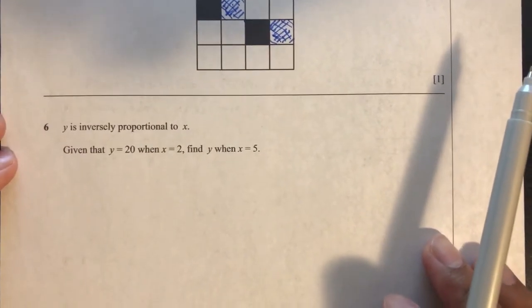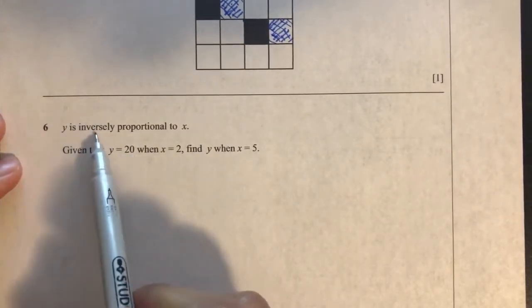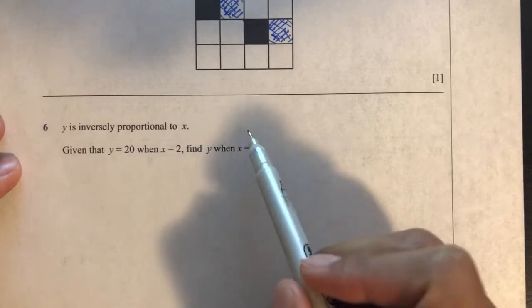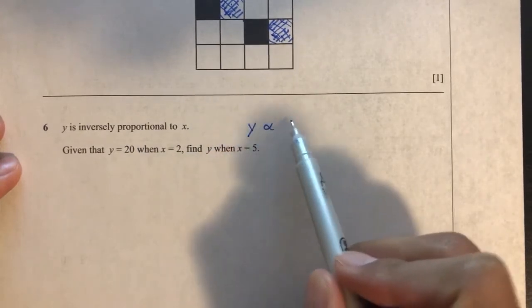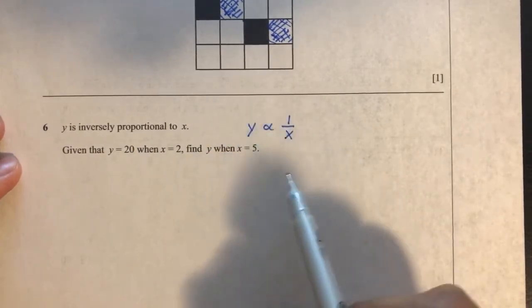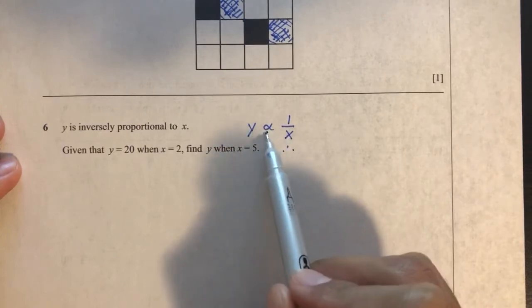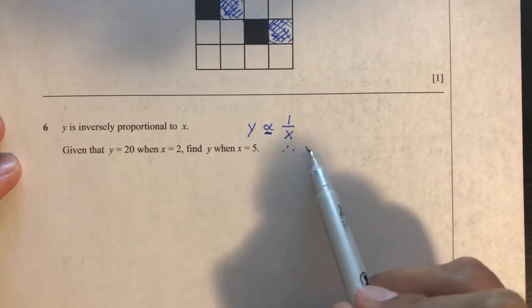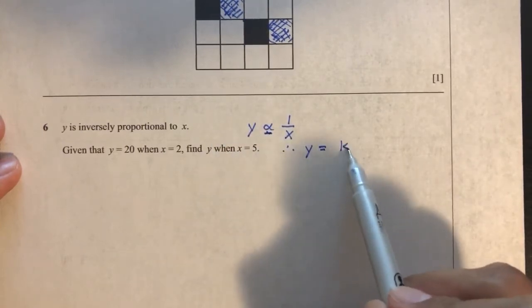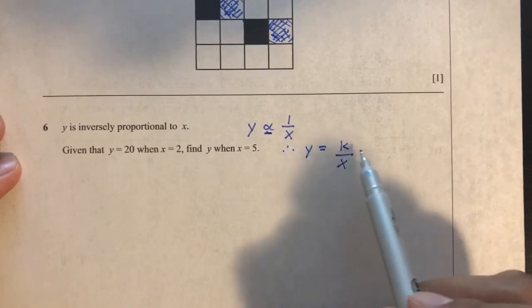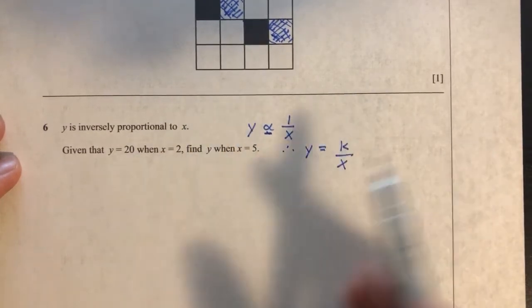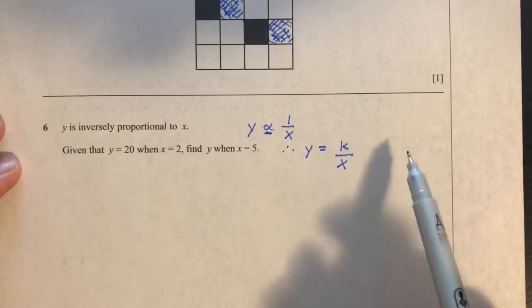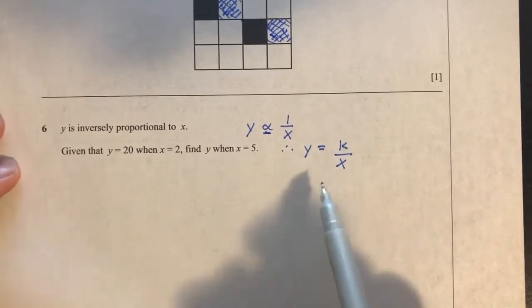Moving on to question number 6, we have y is inversely proportional to x. From this, we convert this sign to equal. We will have y equal to k over x. k is just a constant. You can put any letter you want, K, T, S, but I choose k as a constant.